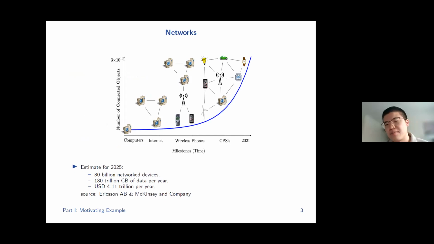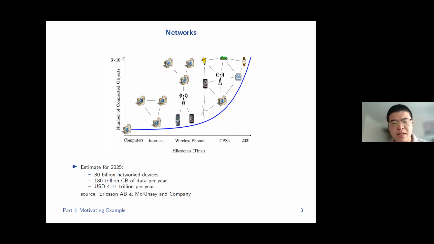Distributed optimization is based on networks. As a development of communication technique, more and more devices in our life are connected by networks, such as computers, cell phones, smart watches, and even cars. Such a network is called the Internet of Things.